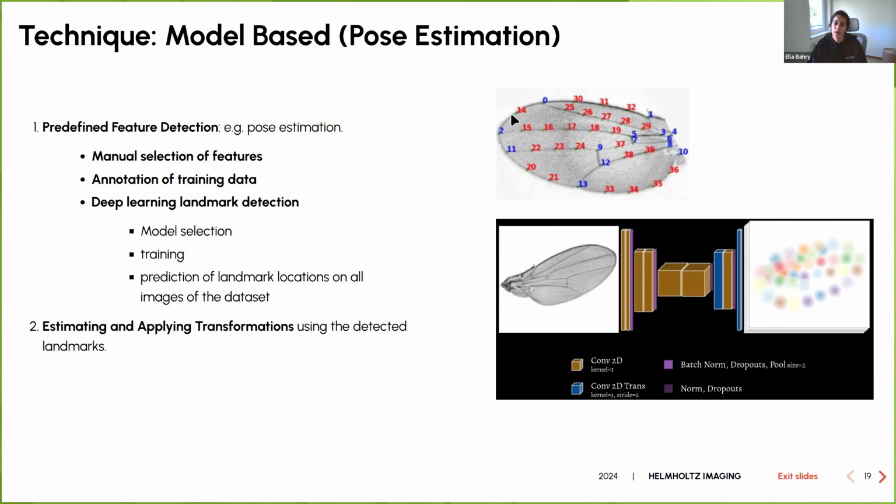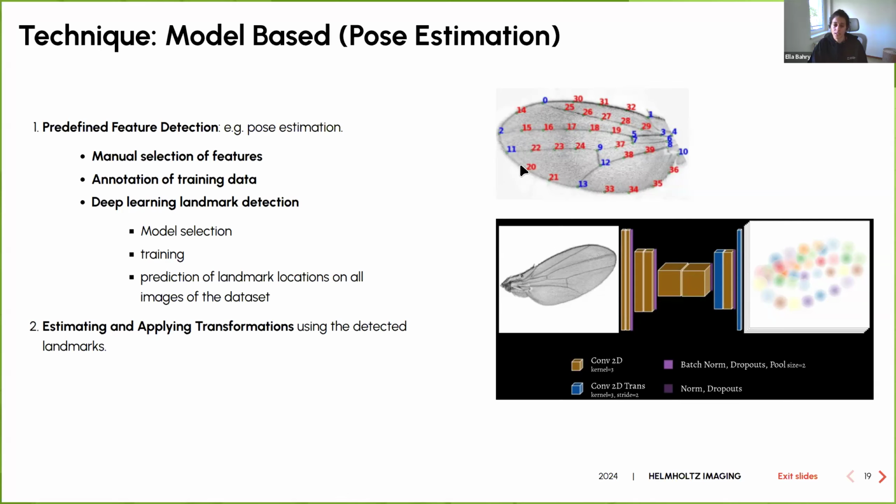And then we also added more landmarks, more features that we wanted to detect, just by having them in equal locations between the features that we manually selected on the veins. And once we had this, we actually just used a CNN, a convolutional neural network, in order to detect those locations on each one of the wings.